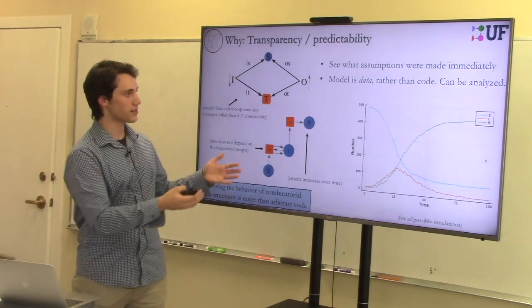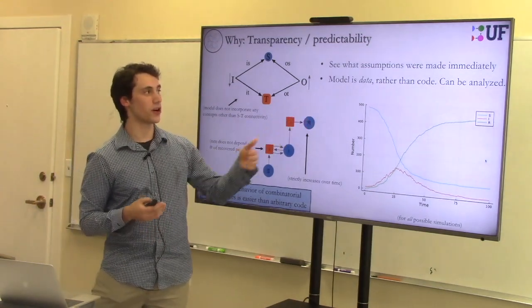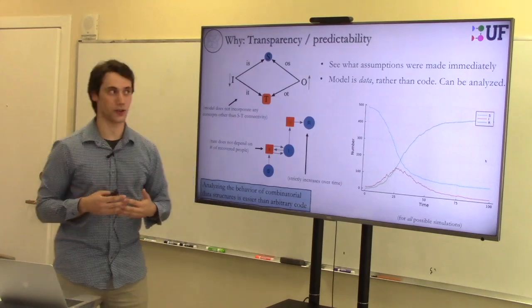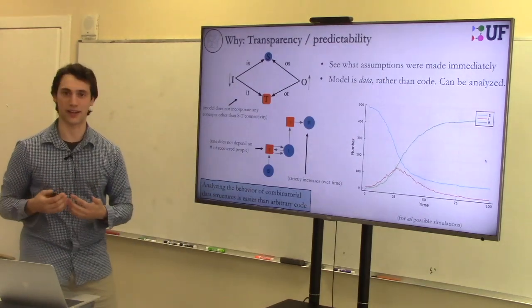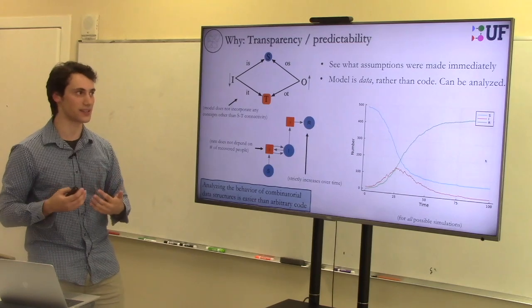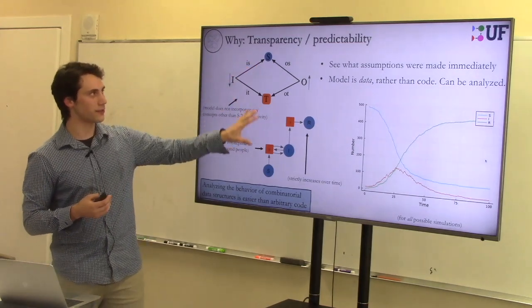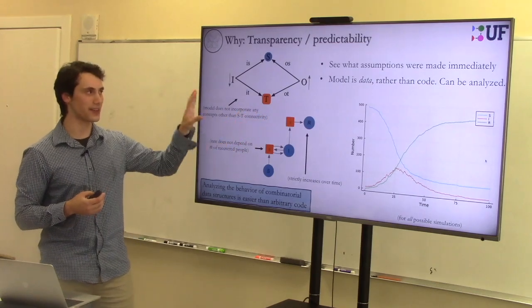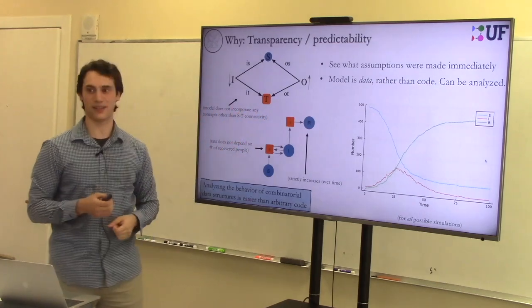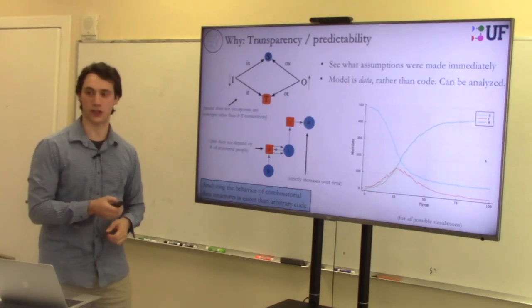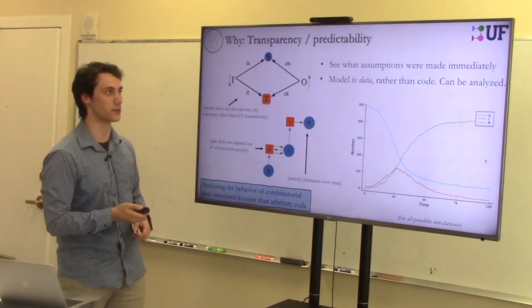What this is related to is the fact that we're representing our model itself as data rather than code, and data can be processed by algorithms and analyzed in an efficient way. These examples of things that we could see transparently are very simple or trivial, and later I'm going to show a very non-trivial type of transparency we can get.